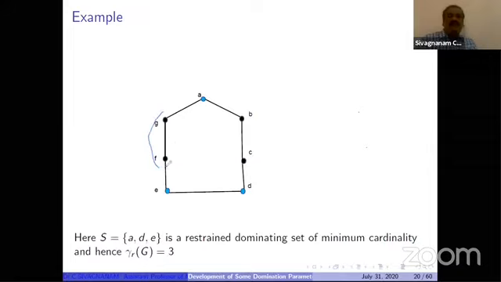V minus S contains G and F, here B and C. So you have to see automatically what is the induced graph. B, C are adjacent, so no isolated vertex. G and F are adjacent, then also no isolated vertex. So V minus S contains no isolated vertex, and already we know gamma of any cycle is 3. So here also gamma R of G equal to 3, where gamma R means restrained domination.